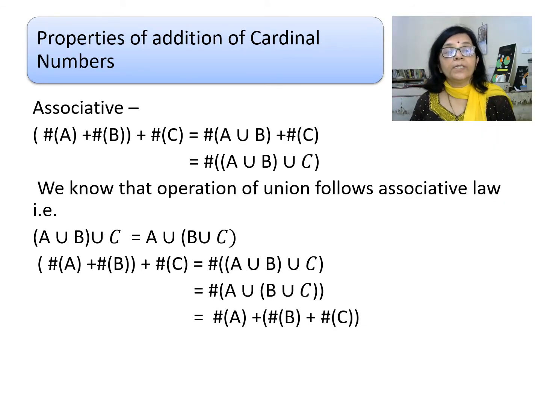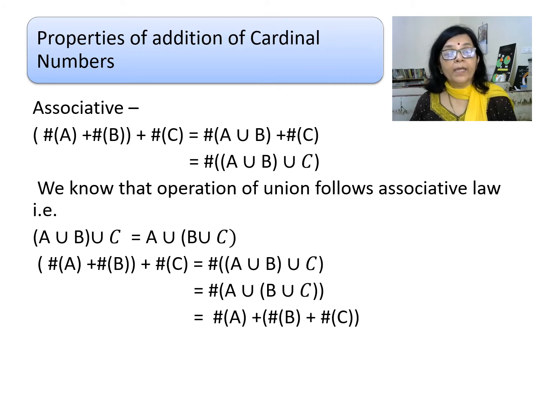Second, associativity. #A plus #B plus #C is equal to #(A union B) plus #C, which is #((A union B) union C). We know that the operation of union follows the associative law, that is (A union B) union C is equal to A union (B union C).